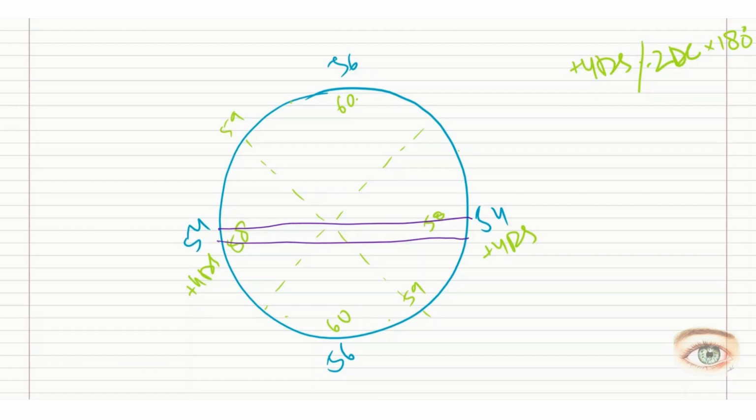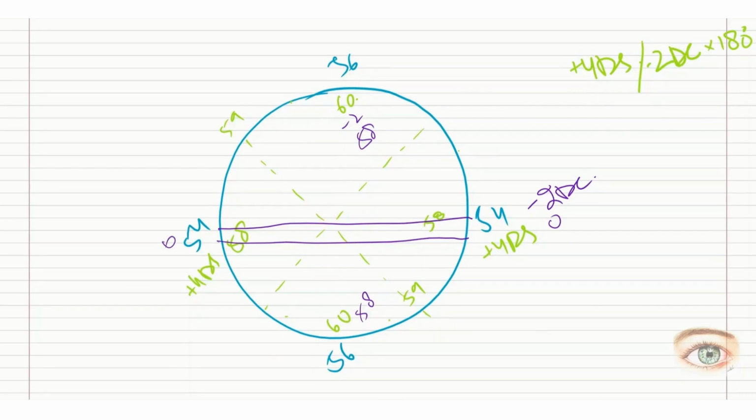Now, how is it going to work? The cylinder is of power minus 2 diopter. It will have 0 power at its axis and it's going to gradually increase while going to its meridian. Now with the minus 2 diopter cylinder, we will have 58. So the eye has become emmetropic at this point as well. I have neutralized both of the points.